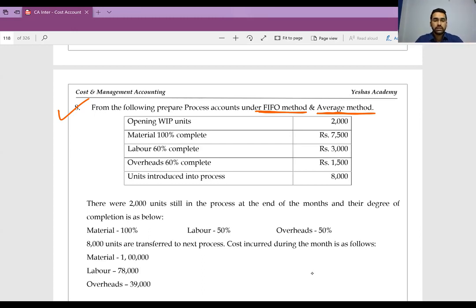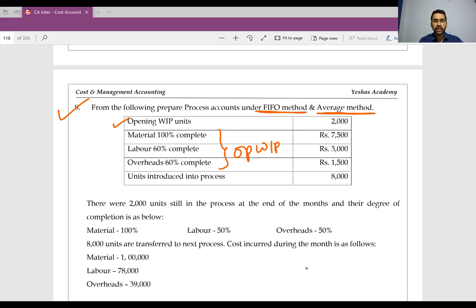Okay. This is starting with opening WIP. My question number 6 and 7 had only closing WIP. In this question, you have even opening work in progress. 2000 units. Material 100% complete, labor 60% complete, overhead 60% complete. All of this is related to opening WIP. Sir, why is this degree of completion relevant?